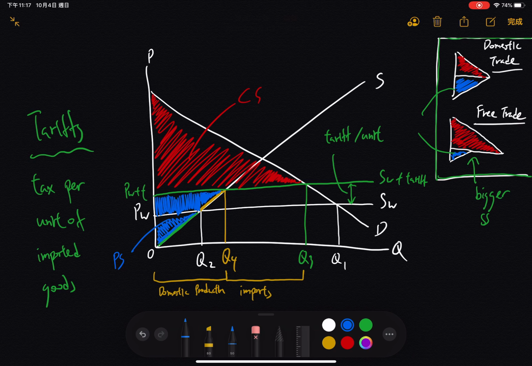So this red area here is your new CS, and this blue area here is your new PS. After drawing the CS and PS, let's take a look at this diagram from a distance. We can draw something like the one on the right hand side. So let's draw it like this. Let me readjust the size of it.